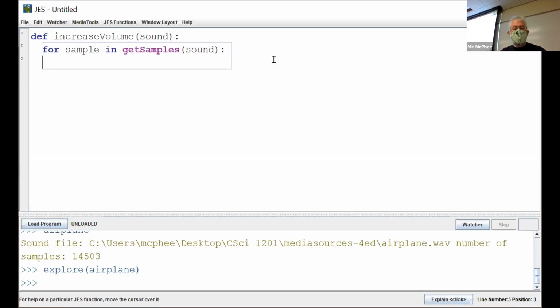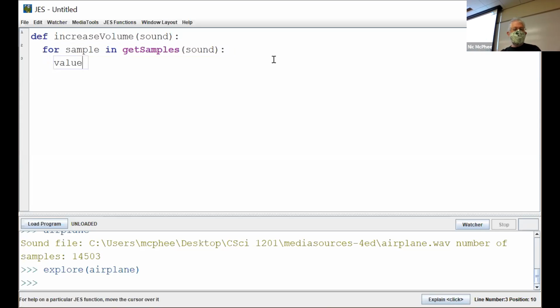This is basically the same as with pictures. With pictures, we said get pixels, and that gave us a sequence of the pixels, and we can loop over them. Here we can say get samples. It gives us a list of the samples. We can loop over them. It's really very similar. So if you kind of understood how the pixel stuff worked before, it's very, very similar here, and you should just be able to kind of roll forward with it, okay?